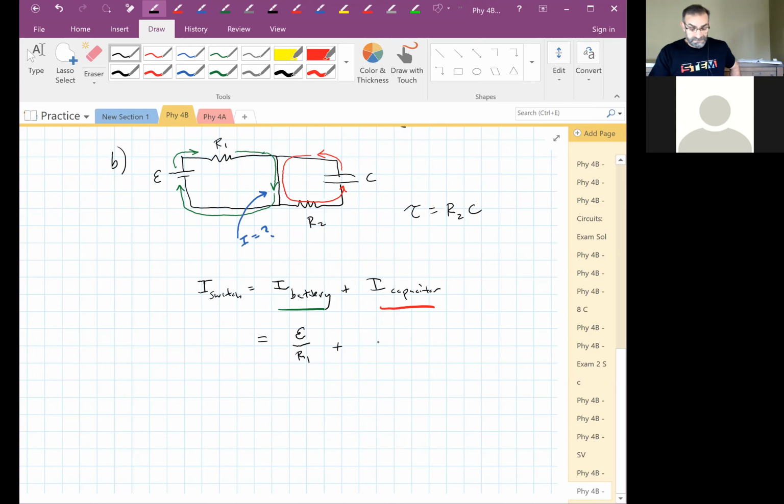Yeah, we'll get there in a second. So what do we get here? We say the current from a discharging capacitor in an RC circuit is I maximum e to the minus t over RC.